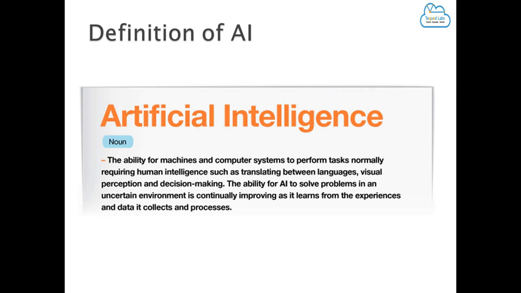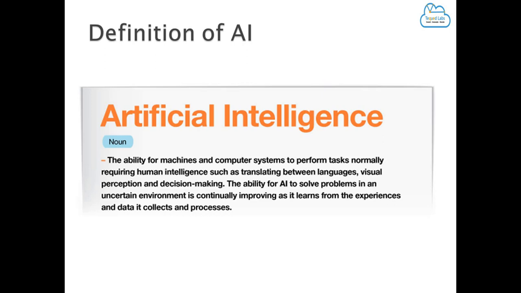When you translate between languages, see objects and detect them as a particular kind of object, make decisions, make predictions, or calculate, all those are aspects of human intelligence. If a machine can perform the same task that can be performed using human intelligence, then artificial intelligence has evolved.